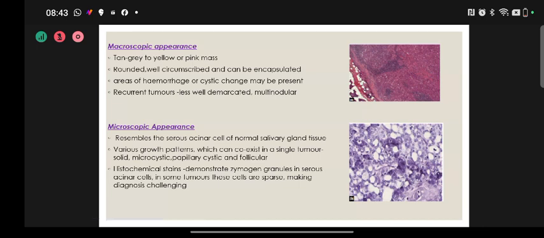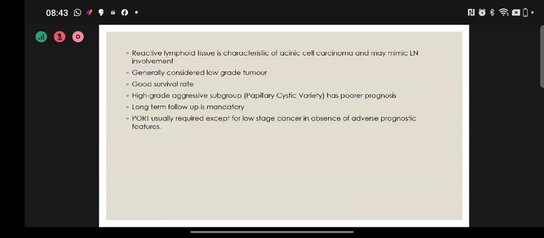On microscopy, it resembles the serous acinar cell of the normal salivary gland. Various patterns may be present which can coexist in a single tumor. These may be solid, microcystic, papillary cystic, and follicular. Histochemical staining is important for this because it can demonstrate zymogen granules. Now, reactive lymphoid tissue is again characteristic of acinic cell carcinoma and may mimic lymph node involvement.